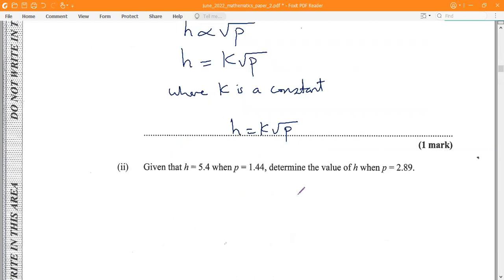So we are given some data now. Given that h is 5.4, so we can substitute. H is 5.4 when p is equal to 1.44. So we have the square root of 1.44. We want to work out the value of k.